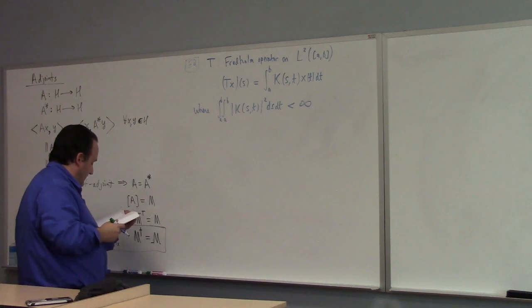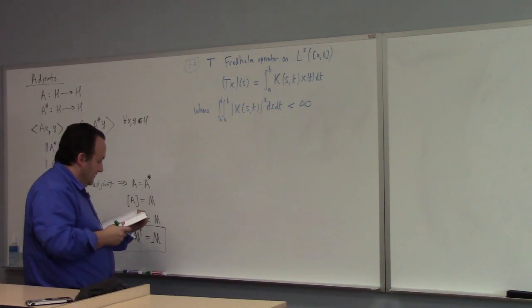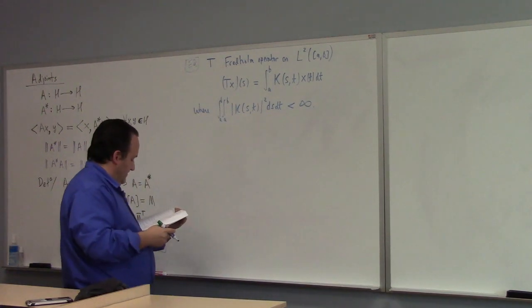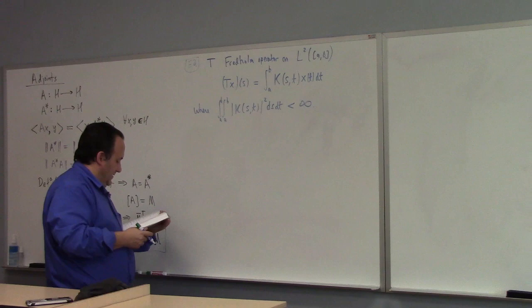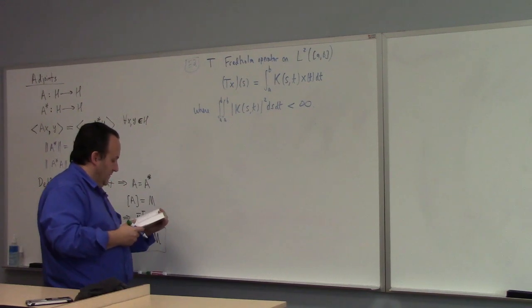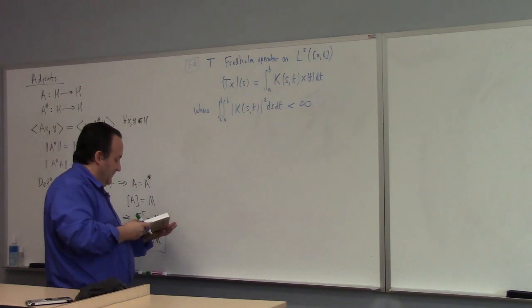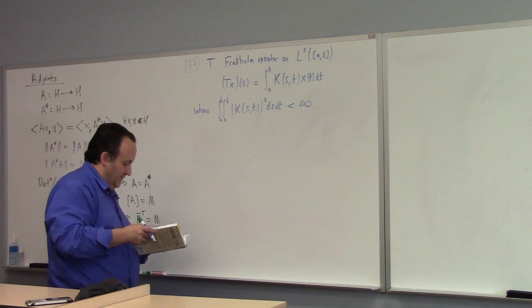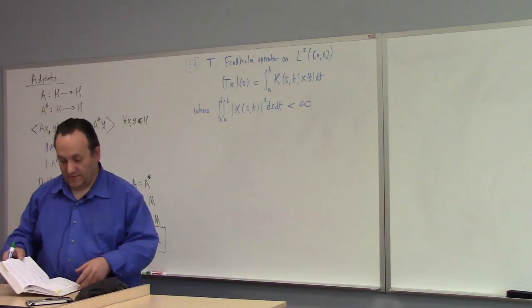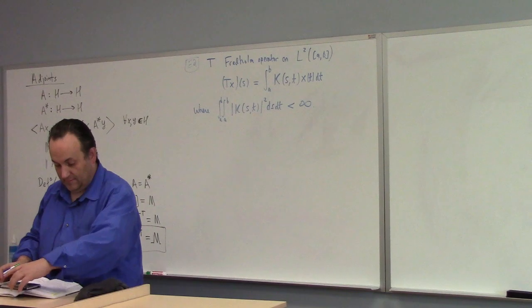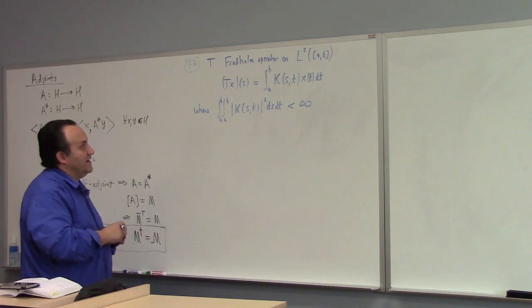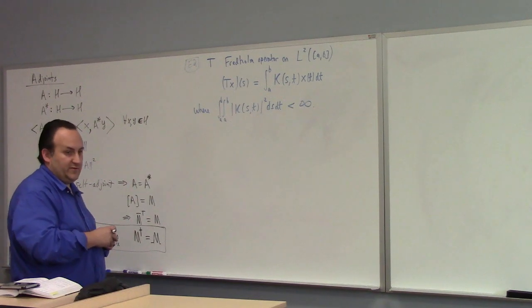He says, note that this condition is satisfied if k is continuous. And then he's going to give us a proof that, in fact, this Fredholm operator is self-adjoint if we have a particular condition. So let's see if we can discover that condition. What condition do we need on this function k to make the Fredholm operator T self-adjoint?